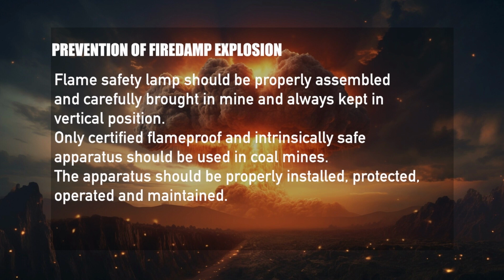Only certified flameproof and intrinsically safe apparatus should be used in coal mines. The apparatus should be properly installed, protected, operated and maintained. Otherwise, flame or explosion takes place outside the lamp, and the whole mine may be affected by the flame safety lamp and fire damp explosion.